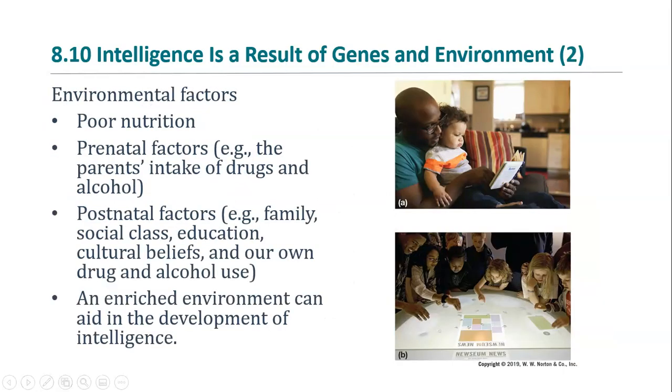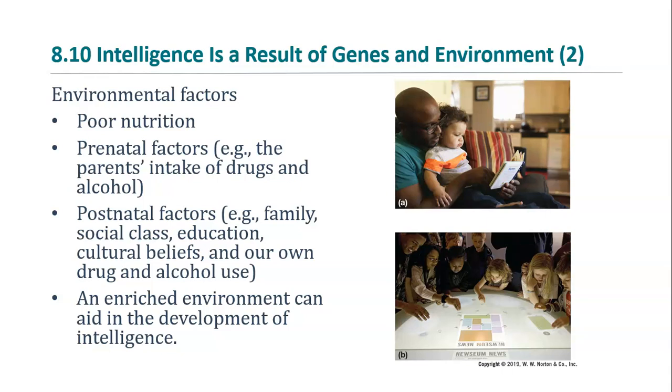Environmental factors, of course, have a huge impact on how well you do on these tests. Nutrition has a big impact, both prenatal nutrition of the mother and nutrition that you have after you're born. It makes a huge difference in brain development if you have proper nutrition.